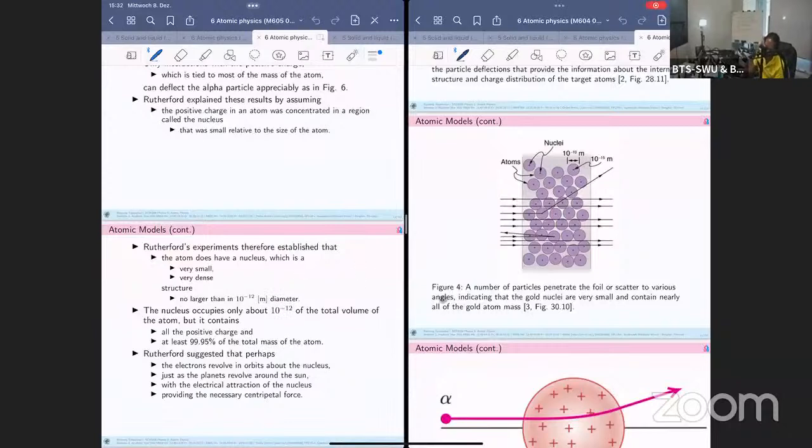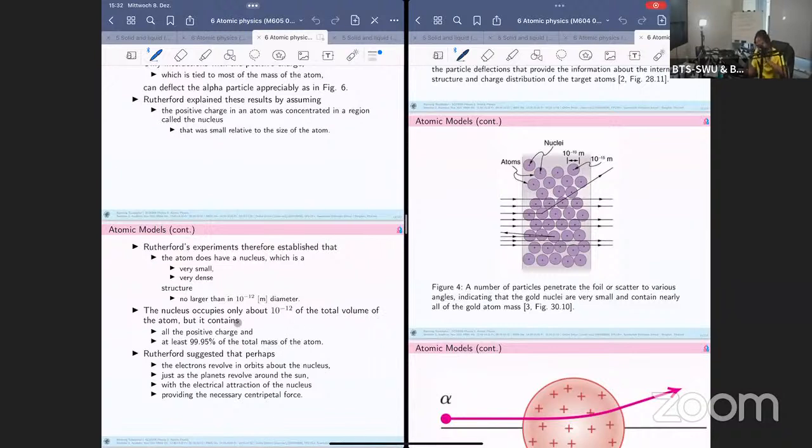The nucleus is only 1/100 of that size. So you could see that the nucleus would be very, very small, right, compared to the whole atom. The nucleus occupies only 10 to the negative 12 of the total volume of the atom too.